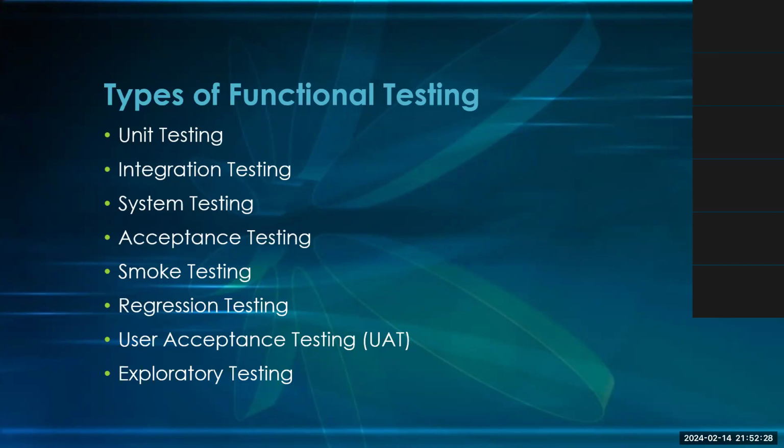Sometimes you do a regression test to see if what you've tested before that passed still passes. You test to see if the code has changed, or if the bug that has been fixed has affected any existing code in the system. And then there is UAT, user acceptance testing, and that's it.